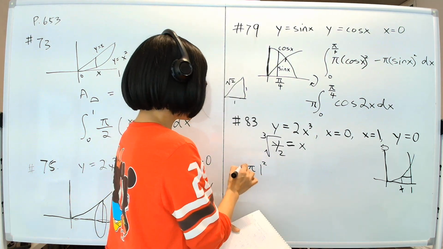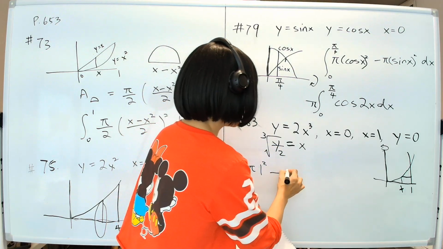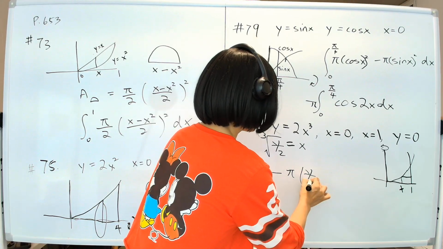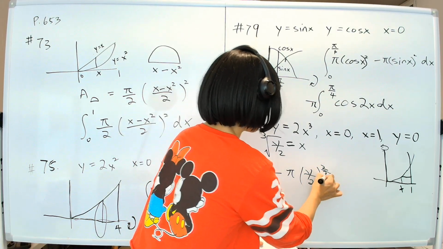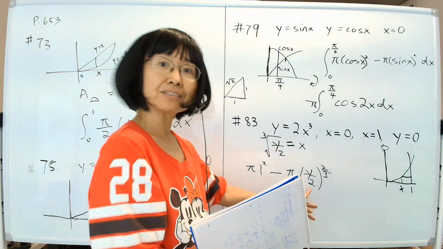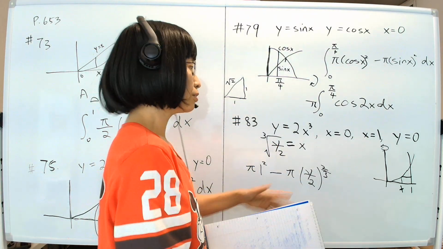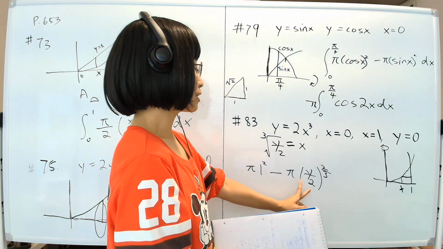And the small disk is pi times y over 2 to the 2/3, because before it's 1/3, I squared, now it's 2/3. And so that would be the total area that we have, the big disk subtracted by the hole in the middle.